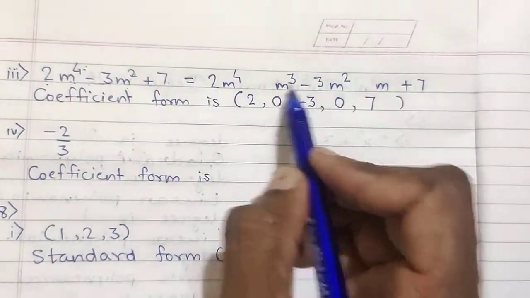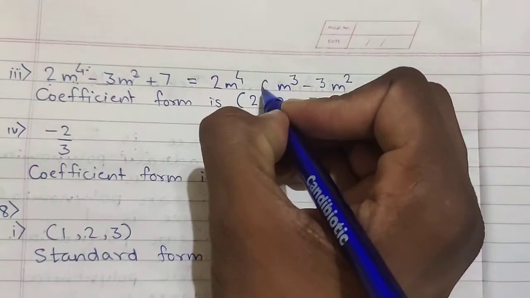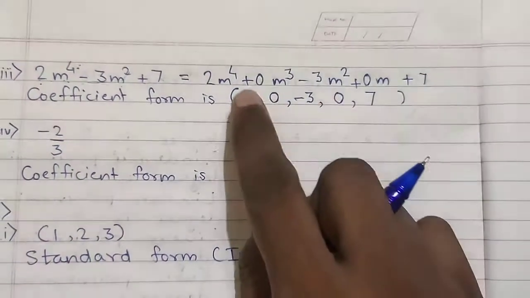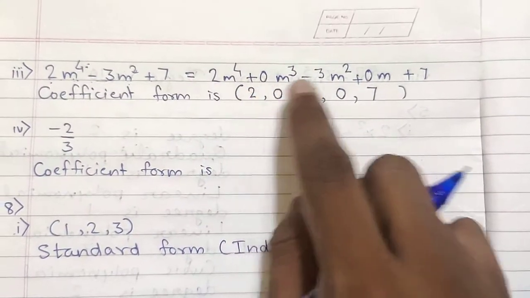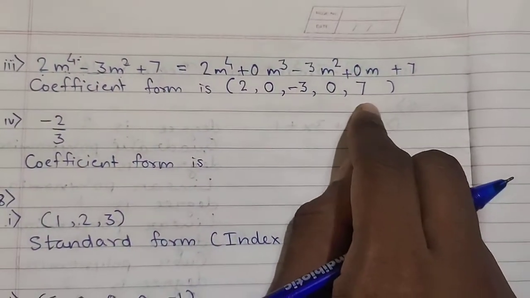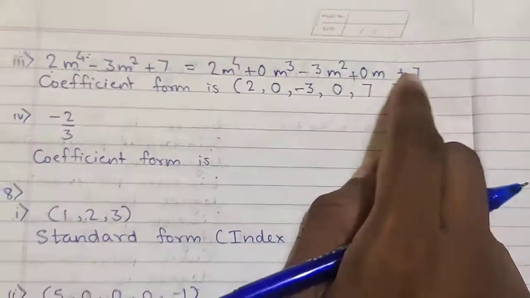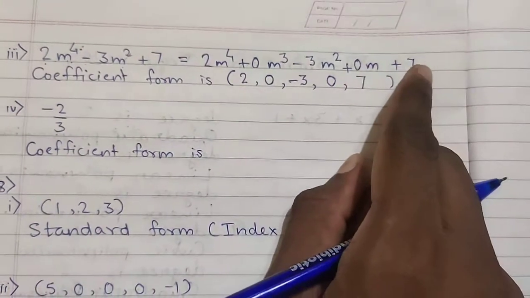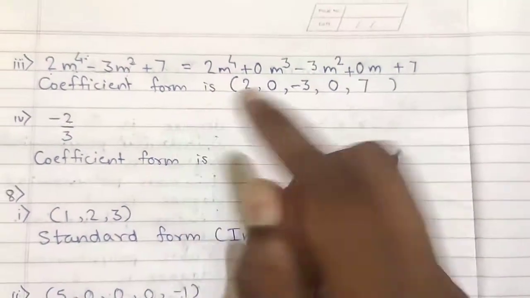Now power 3 and power 1 are not here, so you can write plus 0, here also plus 0. So you can see 2, 0, minus 3, 0, 7. So better you write this first, and after that you can easily write your numbers, that is 2, 0, minus 3, 0, 7.